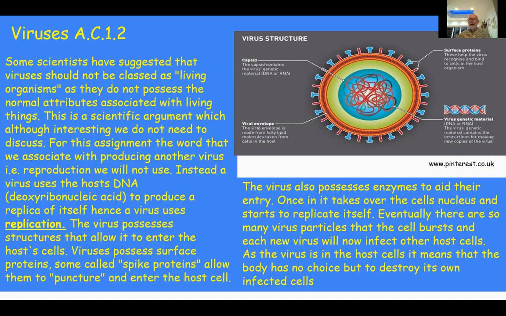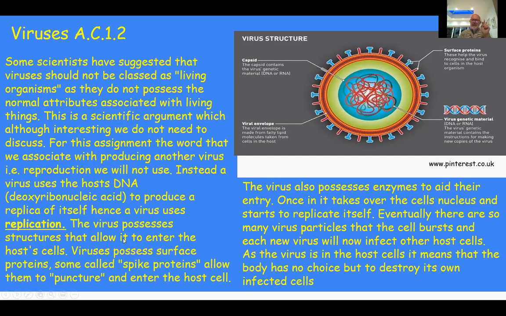Hence, a virus uses the process of replication. I liken it to a photocopier. So if I wanted to photocopy the brief here, I put it on the photocopier that's acting as the cell, I press it and off it goes. It actually reproduces copies of the virus.